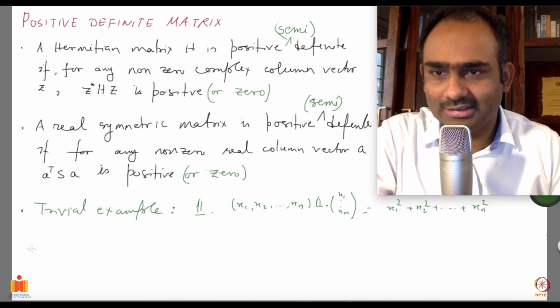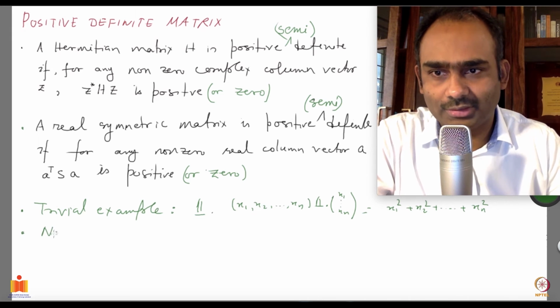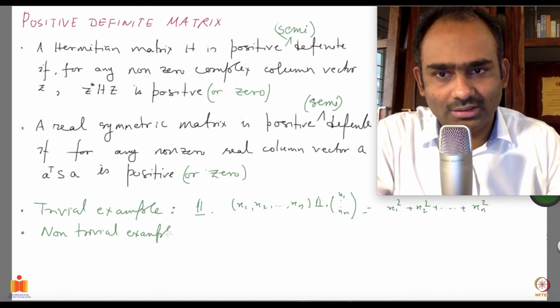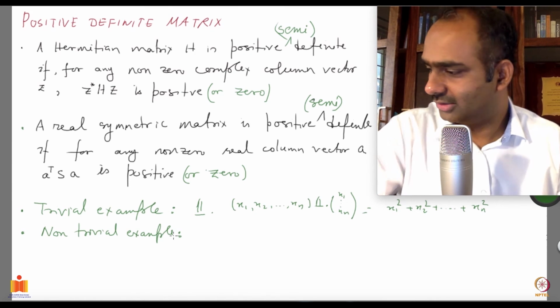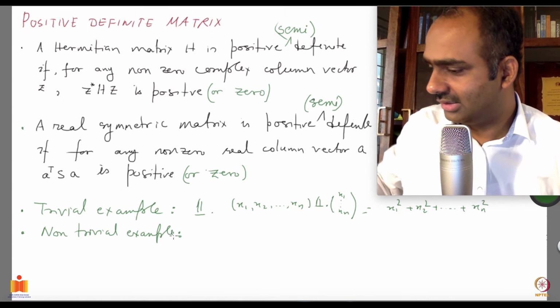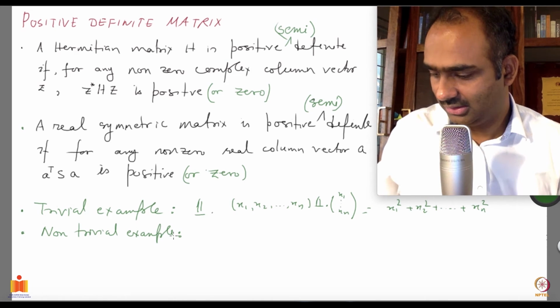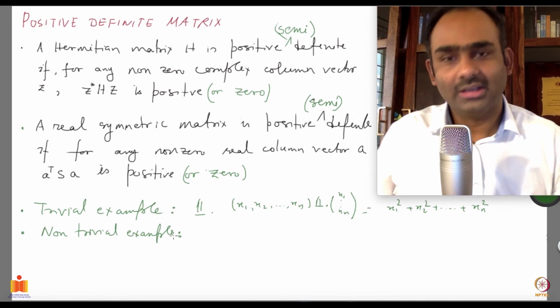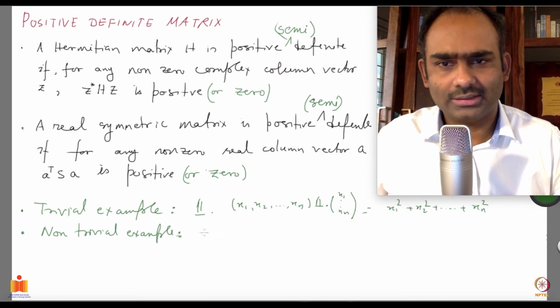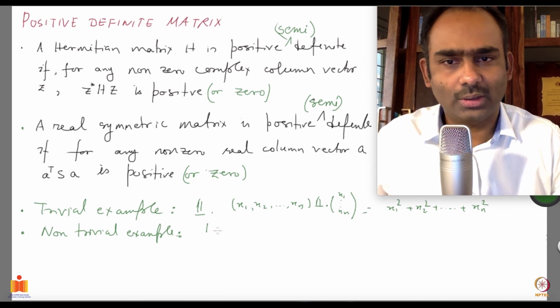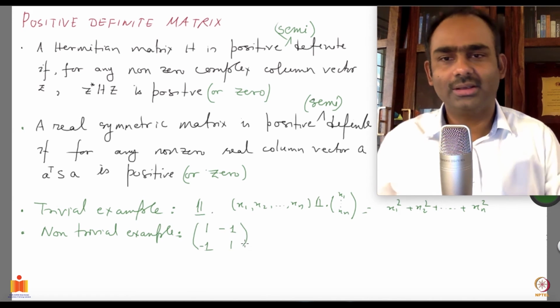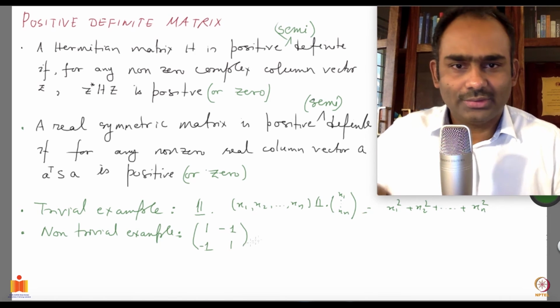Let me give you a non-trivial example. Please pay attention to the positive definite matrices, because we are going to utilize this later when we talk about small oscillations. So I take the matrix to be 1, minus 1, minus 1, and 1. Let's see now what we get.